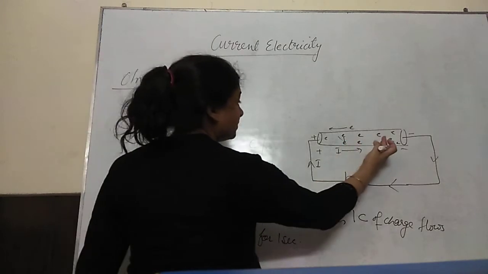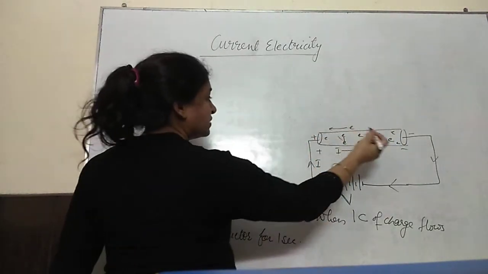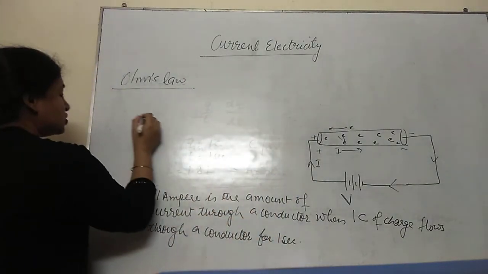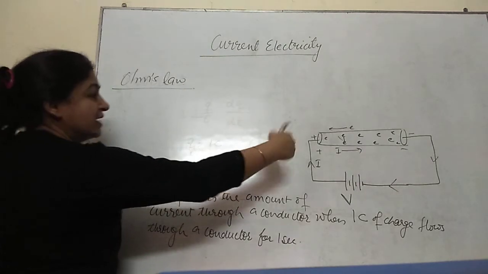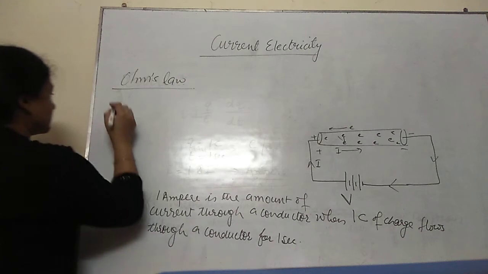or when the electrons are moving, then potential difference is also created across the conductor. So we can write that the potential across the conductor is directly proportional to the current flowing through the conductor. So how can we define Ohm's law?